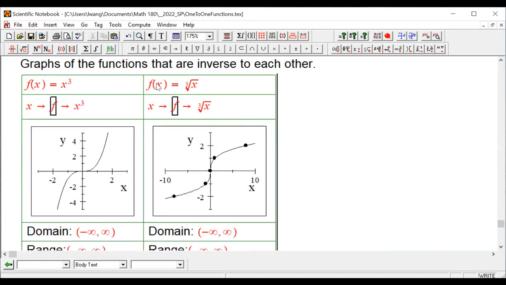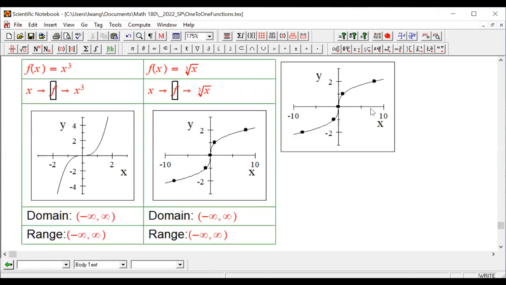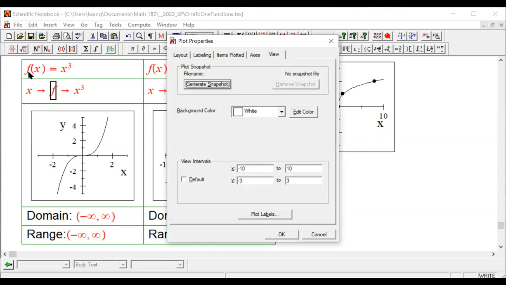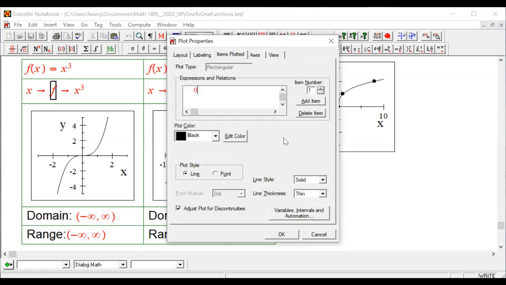If they're inverse to each other, what do we get if we put the graphs together? So let me put it outside. This is the cubic root function. And in the same picture, I'm going to graph f, which is x raised to the power 3.